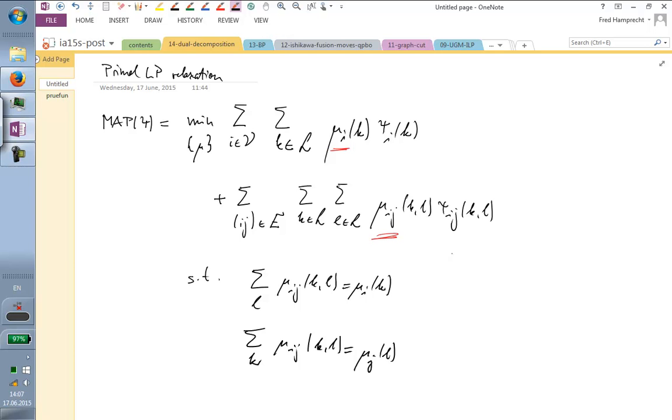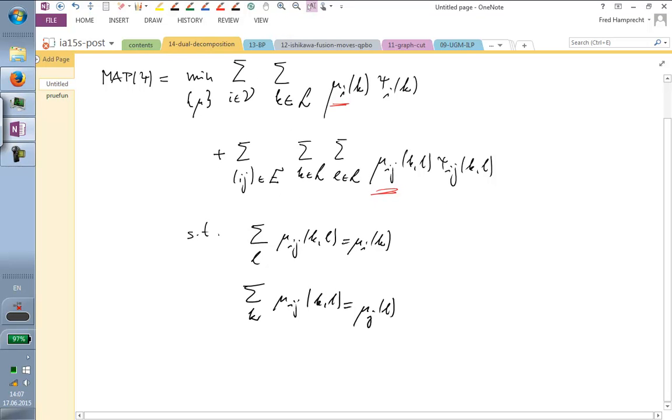Okay, and we have two sets of equations here because the edges are ordered. We have two sets of equations because the edge ij is not the same as the edge ji.